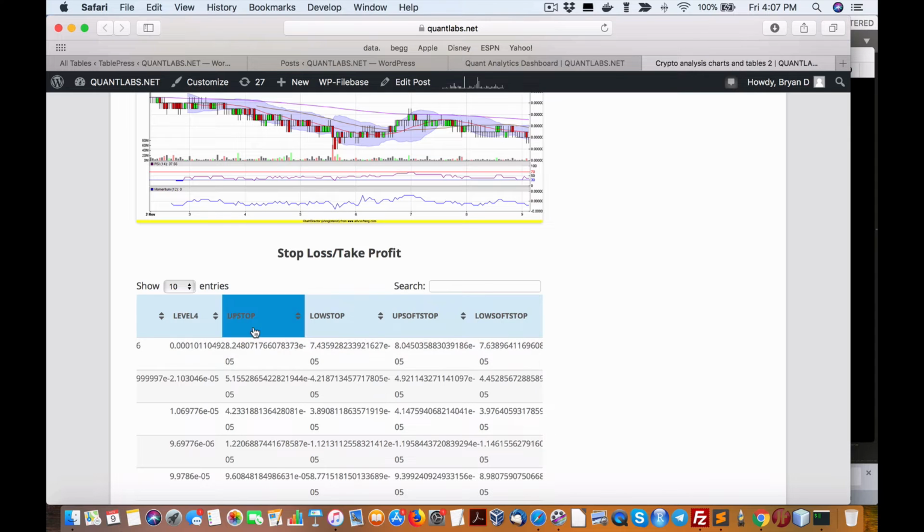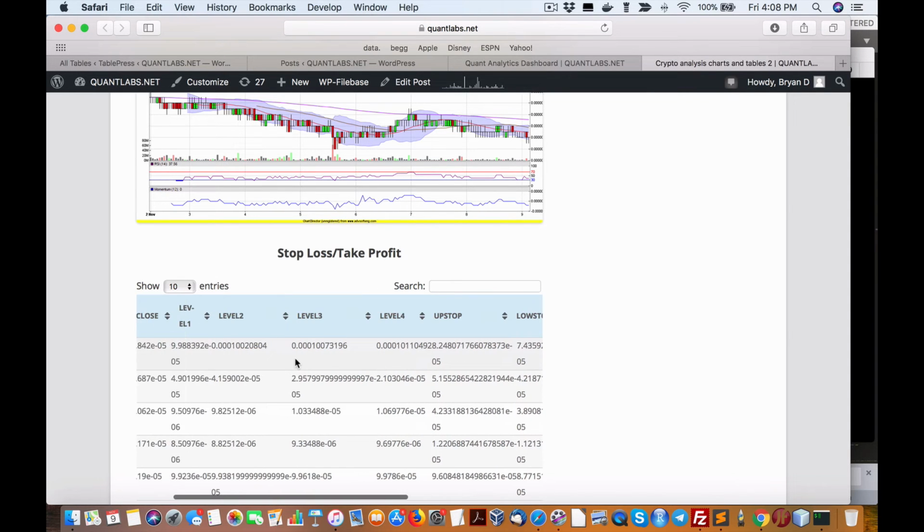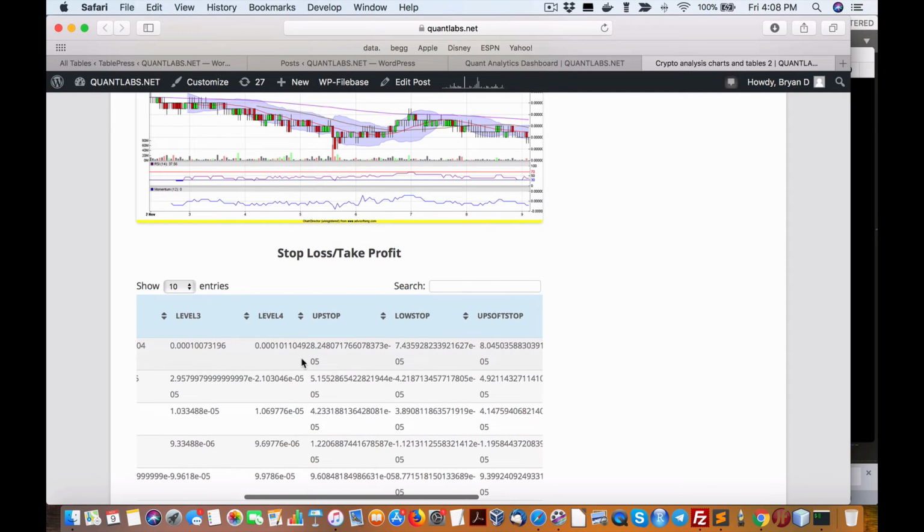These are calculated using average true range. So if you want to put on 50% of a position, you could do that on the soft. If the price breaks through level 3, that's your entry, but you're not sure what percentage of your position you want to put on.